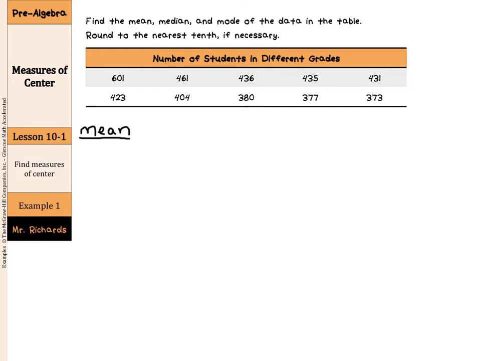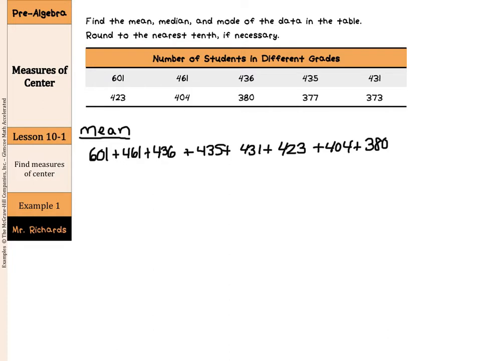With the mean, we're going to add up all of our numbers, so 601 plus 461 plus 436 plus 435 plus 431 plus 423, 404, 380, 377, and lastly 373. And we're going to then divide it by the number of terms that we have. In this case, 1, 2, 3, 4, 5, 6, 7, 8, 9, 10.